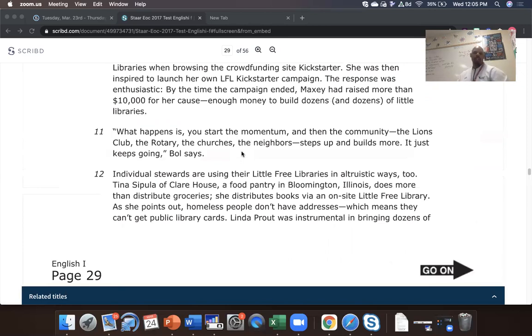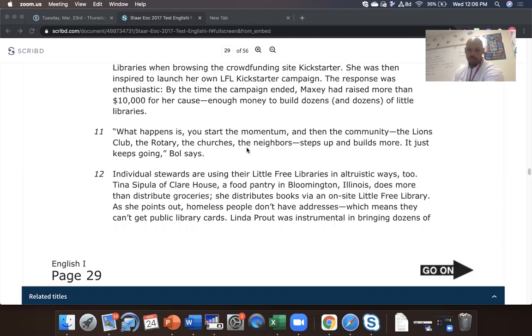Individual stewards are using their little free libraries in altruistic ways too. Tina Sapula, Claire House, a food pantry in Bloomington, Illinois, does more than distribute groceries. She distributes books via an on-site little free library. As she points out, homeless people don't have addresses, which means they can't get public library cards.